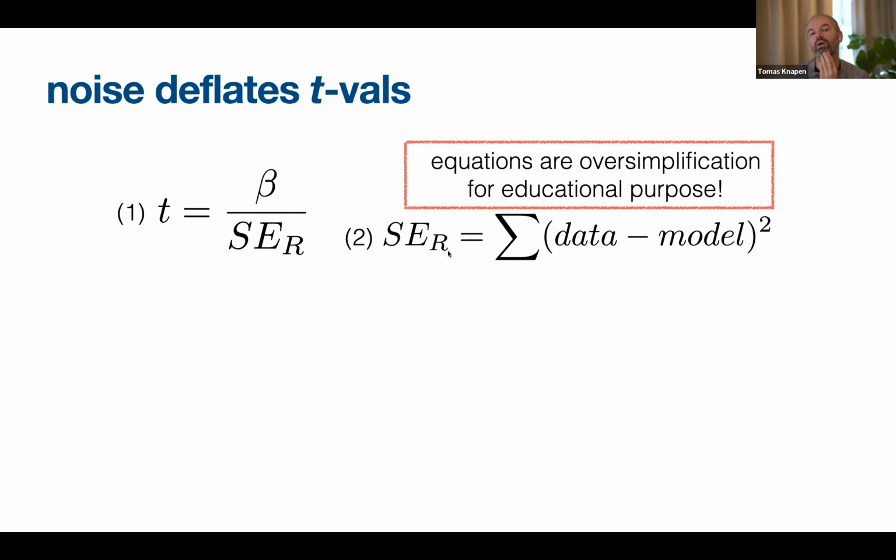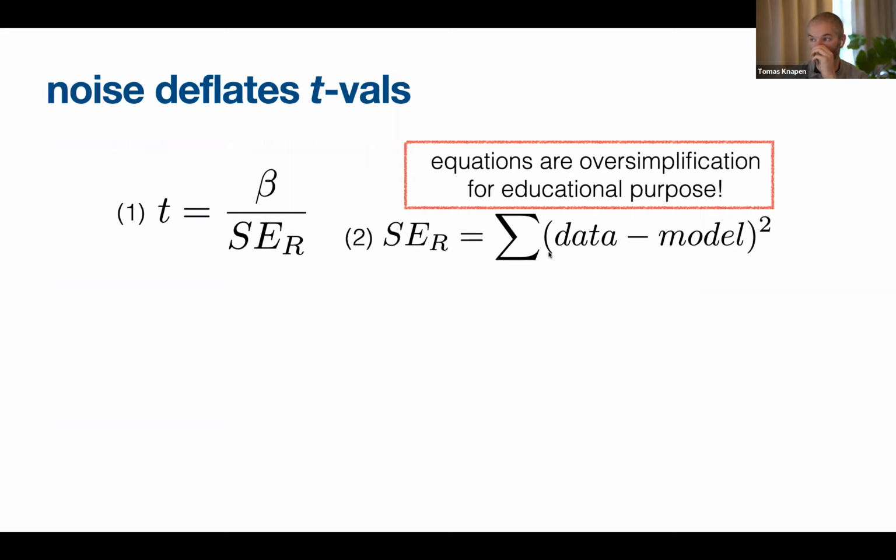Now, what you have to realize here is that the better you explain the data, the lower the values are that put space between the data and the model. If you have a perfect model, this will go to 0. You square 0, it's still 0. You sum zeros, it's still 0.